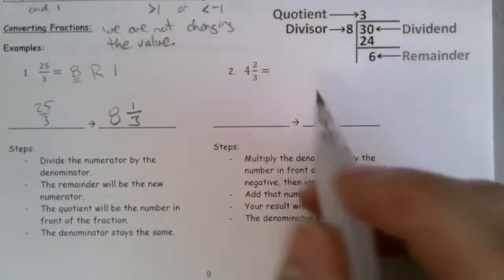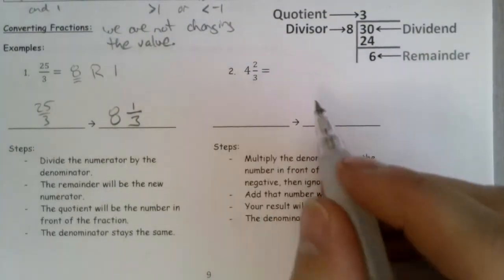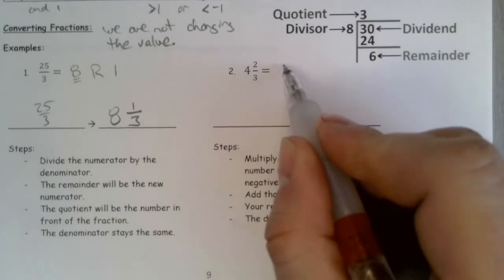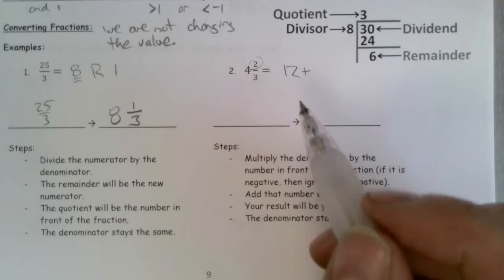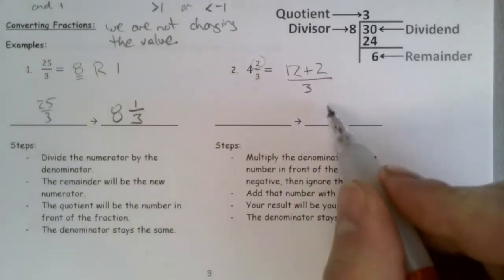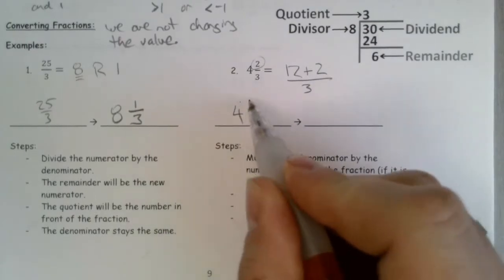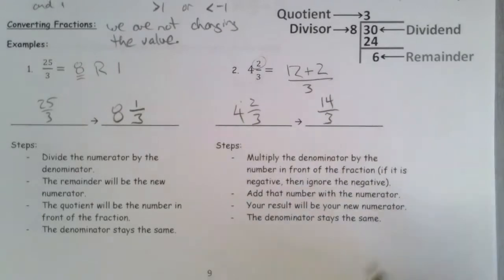So I'm going to do 4 times that denominator, 4 times 3 is 12, plus that remainder, that little bit left over. I'm going to go 12 plus 2 over 3. So 4 2/3 is the same as, when I add those together, 14/3.